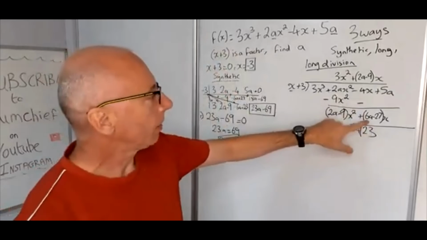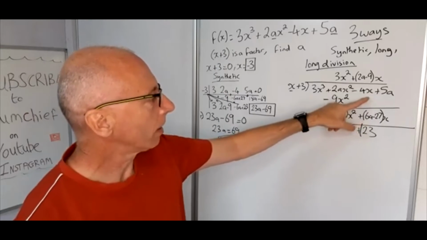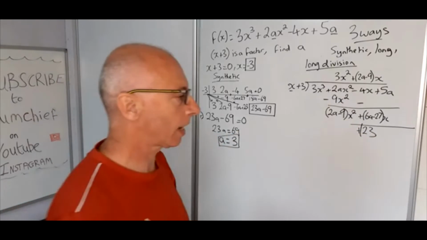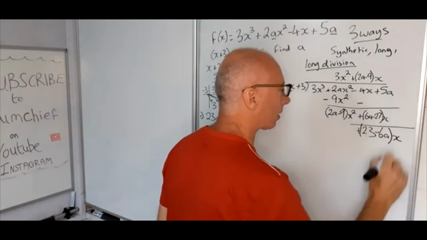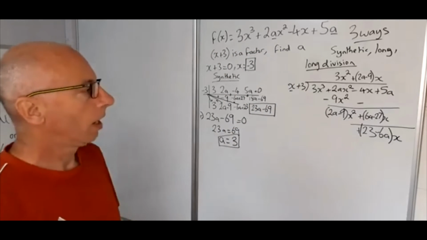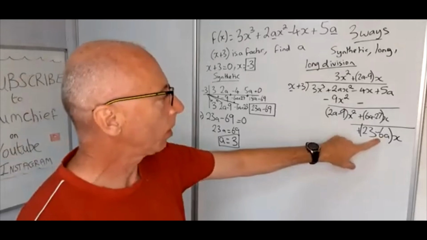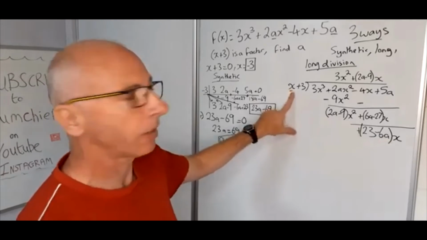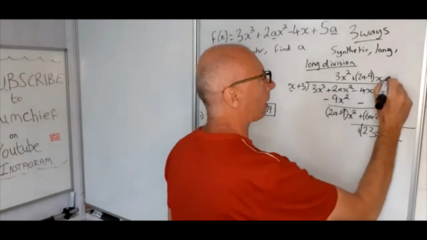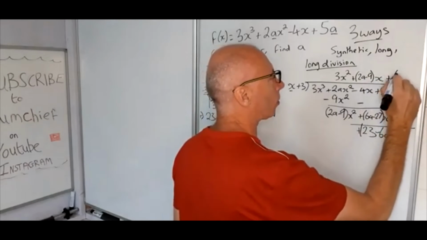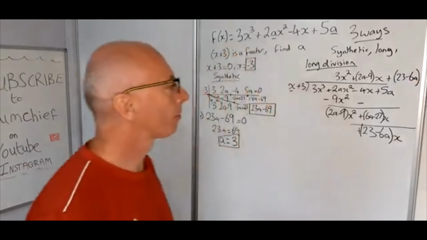And then for the a's, we've got 0 minus 6a, there's no a's in this term here, so we now just write minus 6a. And that's x. Okay, so as we did before, now we've got this term here, 23 minus 6ax, we now just divide by x. So we end up with 23 minus 6a in this term here. So 23 minus 6a is all we have here.